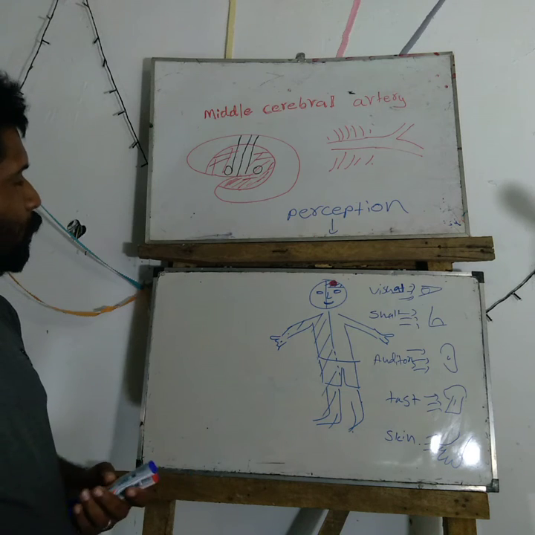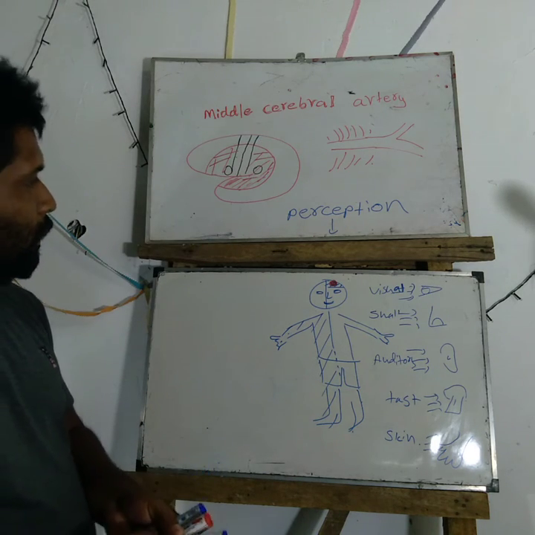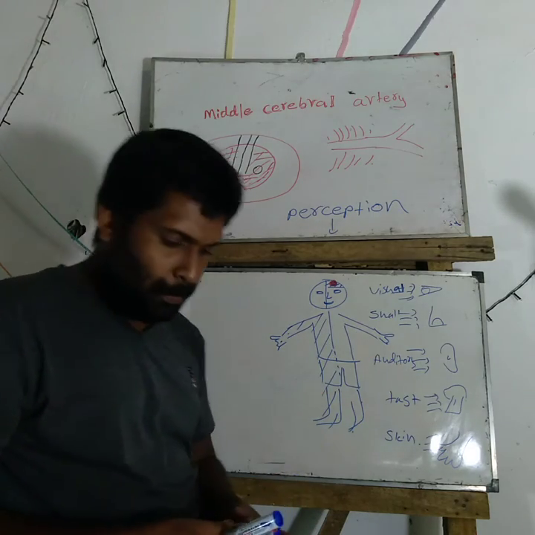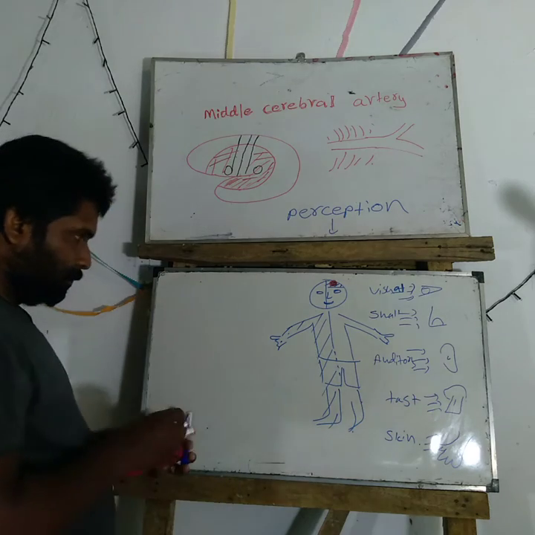Right, now we are going inside the brain. What are the areas connected to perception? Visual area.